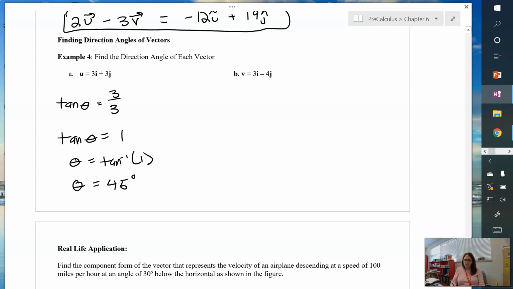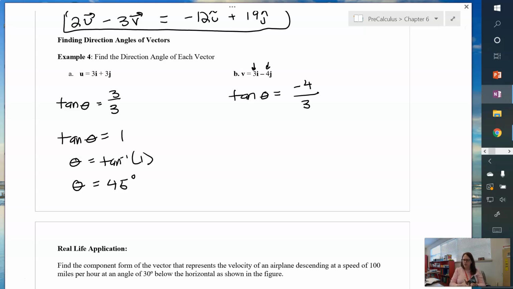Okay? Now we're going to do another example, and this time our vectors, we have 3i and minus 4j, so they have different coefficients in front of them. It's going to work the same way. Take the coefficient in front of the j, that goes in your numerator. So tangent theta equals negative 4. Take your coefficient in front of the i, that goes in the denominator. So tangent theta is negative 4/3.